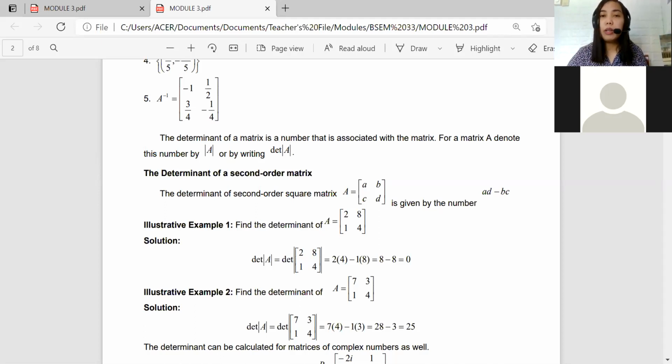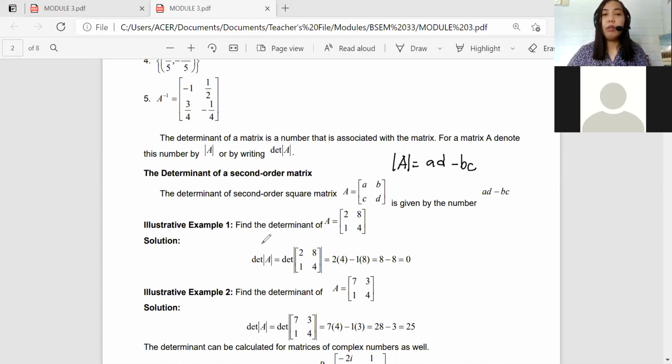So to find the determinant of this matrix A, that is AD minus BC. Okay, so we will have the determinant of A is equal to AD minus BC.